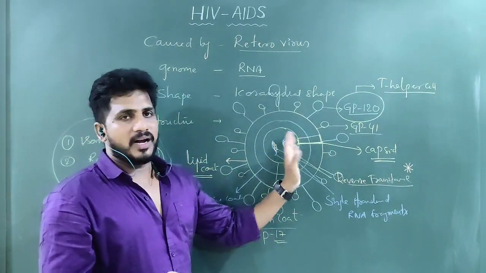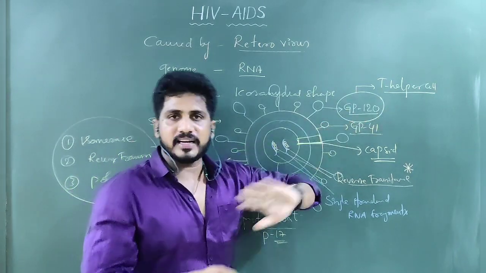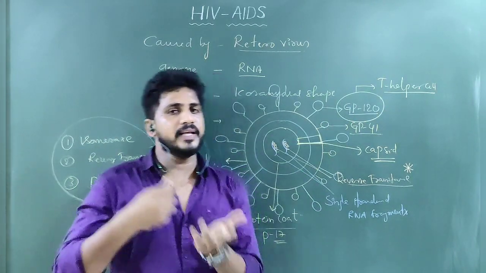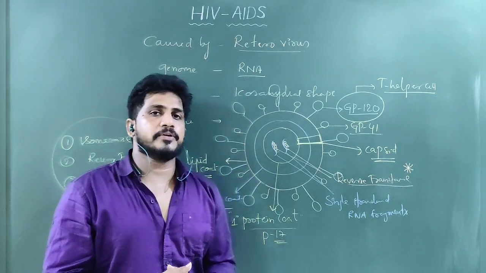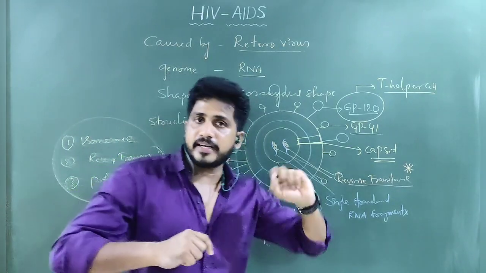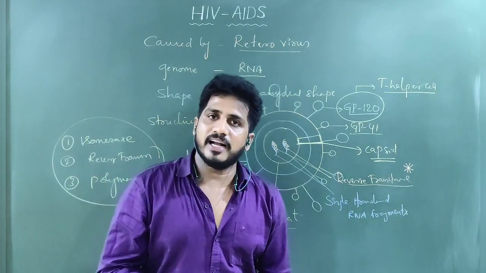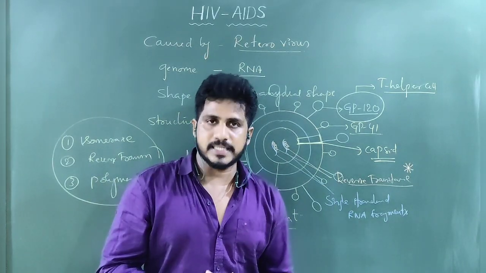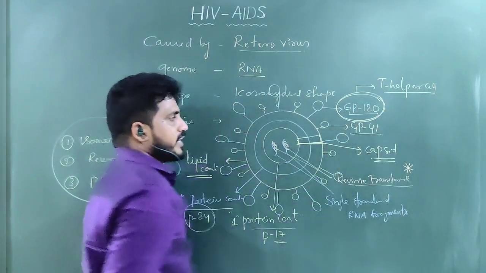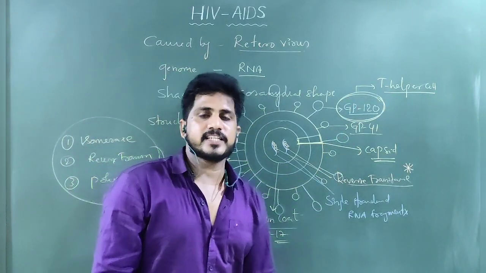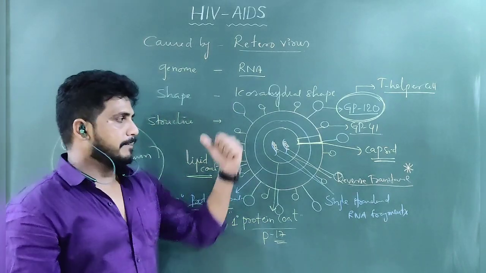But the GP120 receptors are killing the T helper cells. Then both humoral immunity and cell mediated immunity will collapse. Then ultimately immune system deficiency starts. So the most dangerous thing in the AIDS virus structure is GP120. So this is the basic data.